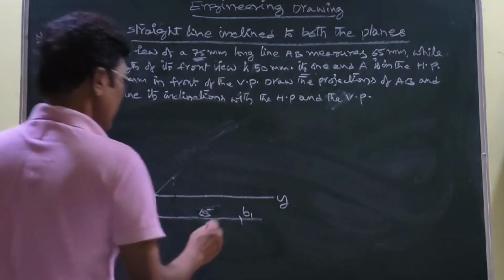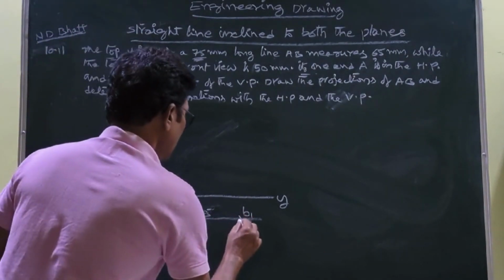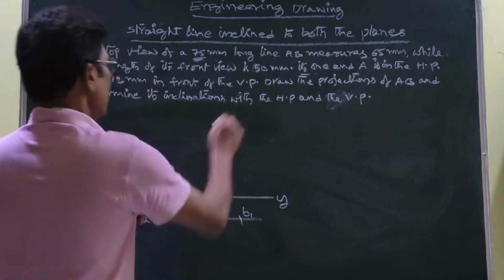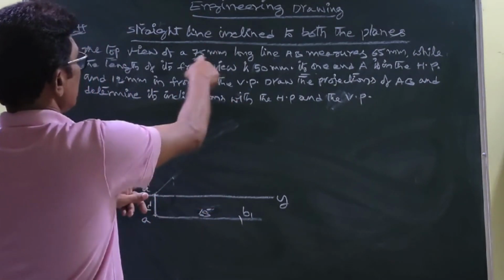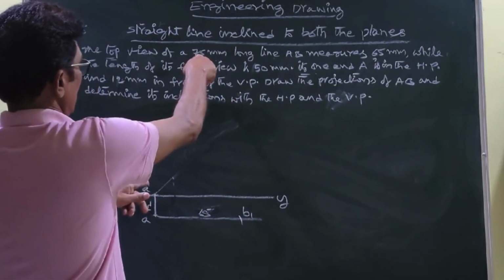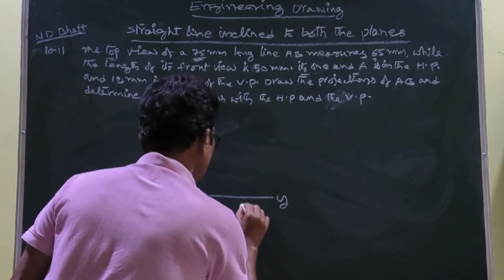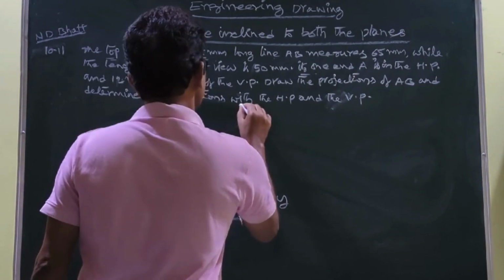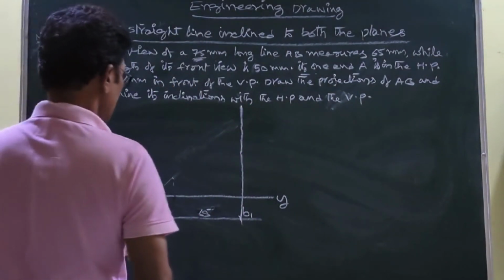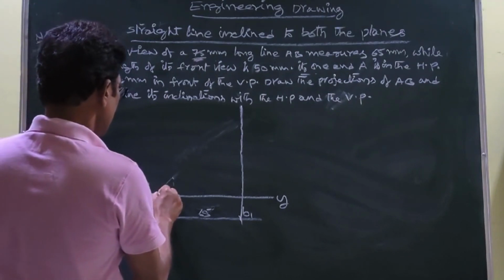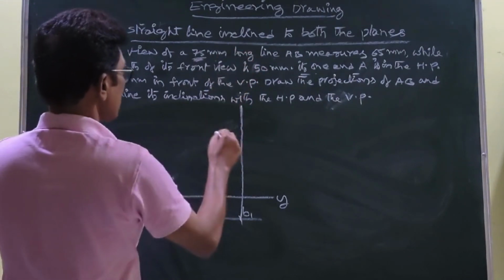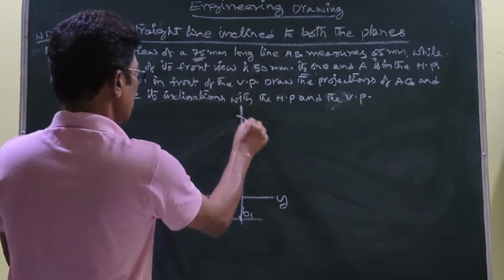Once you fix B1 at this point, you know in the front view the length of the line is equal to 75. So here you draw a projector like this, then with A1 as a center and 75 mm as a radius, you cut this projector.